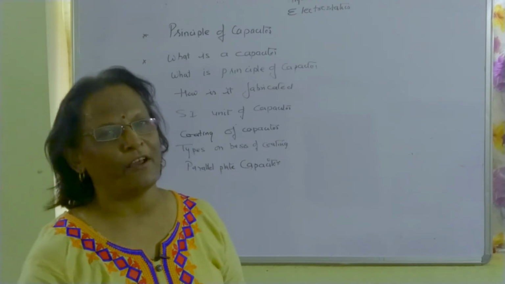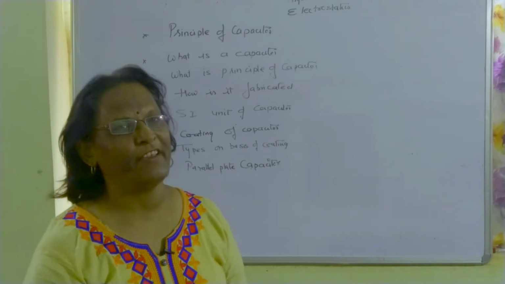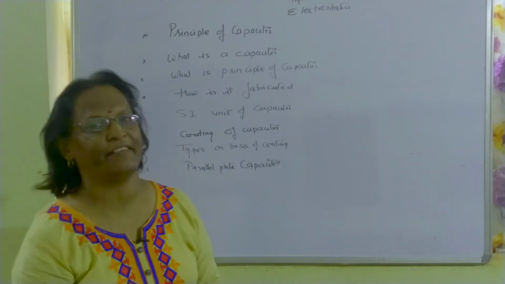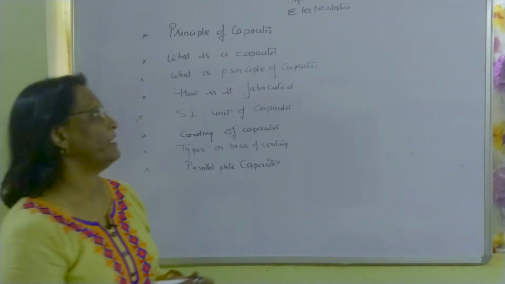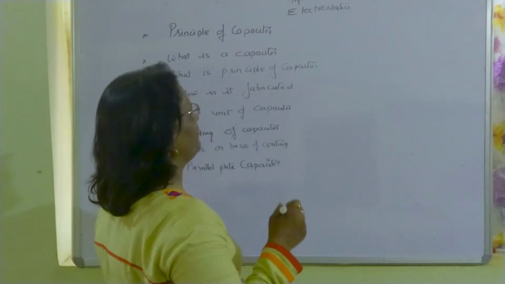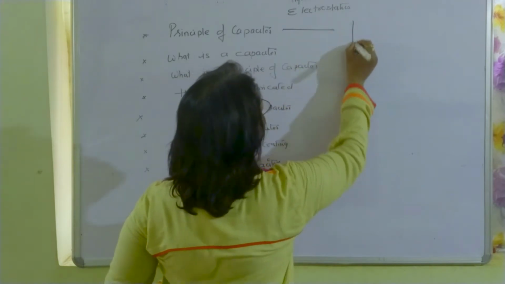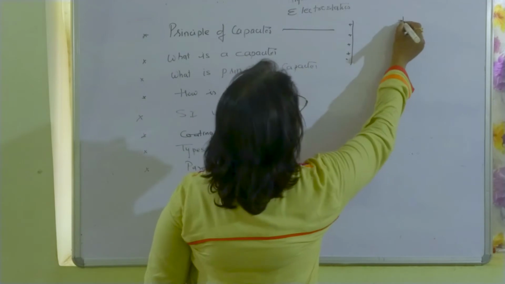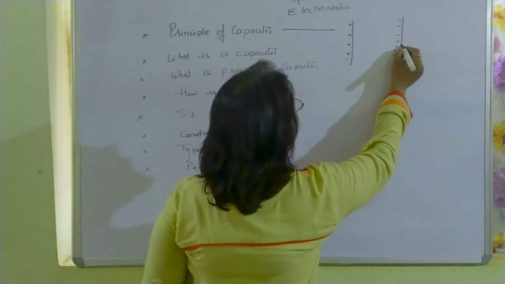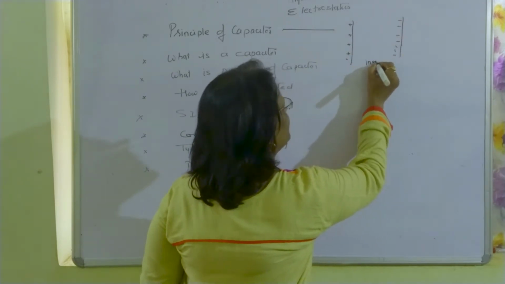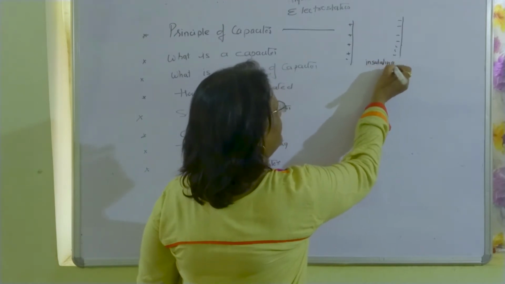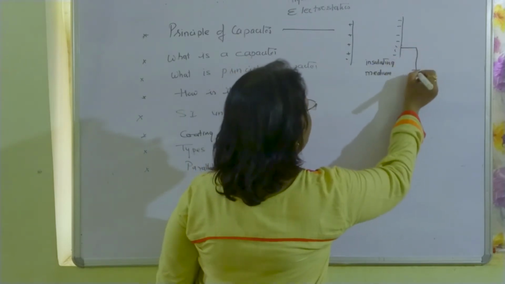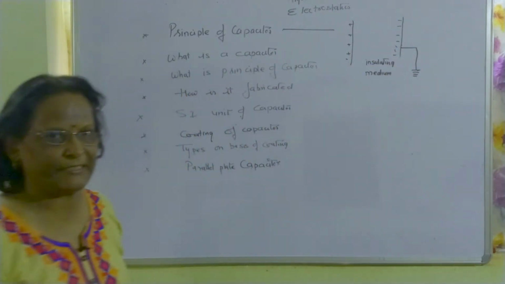What is the principle of a capacitor? Whenever we are making a certain device, we must know the basic fundamental logic behind it. The principle is that two oppositely charged plates are separated by an insulating medium, such that the second plate has been connected to earth.